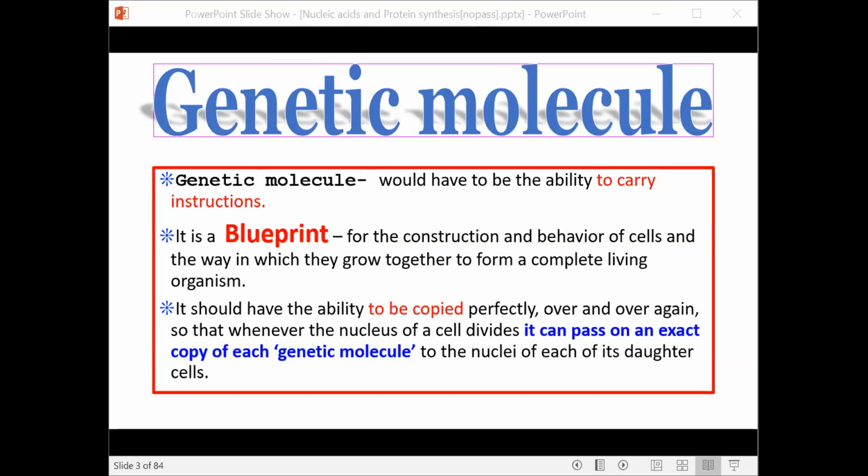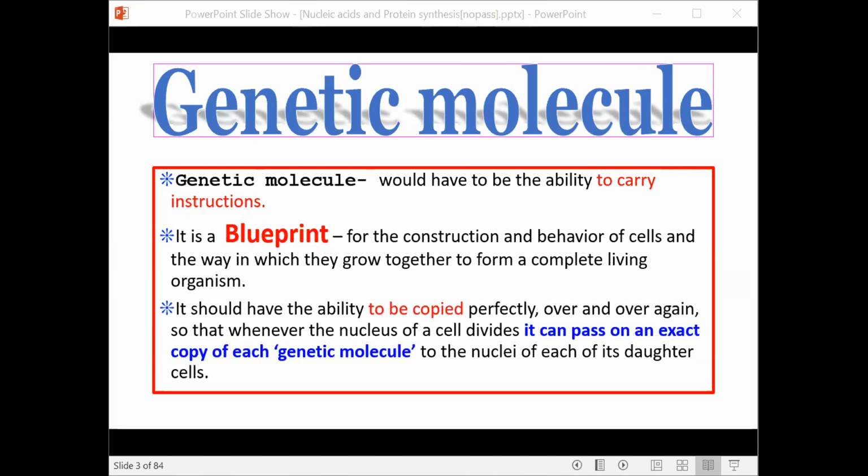If that trait is represented by a molecule, that molecule should have some stability. That means it should not change while being transmitted from one organism to the next, or while a copy is being made of it. It should remain exact.